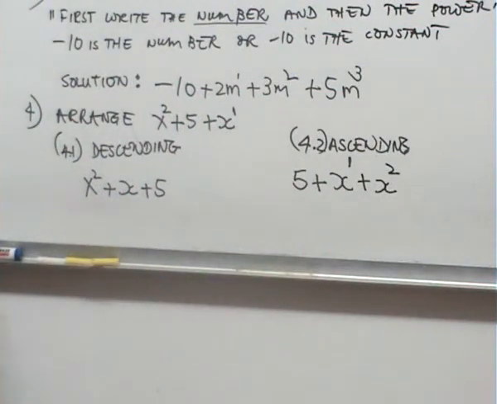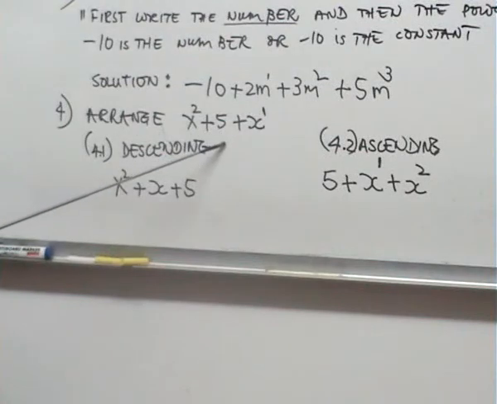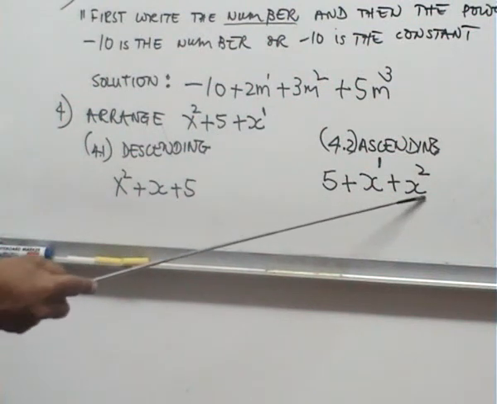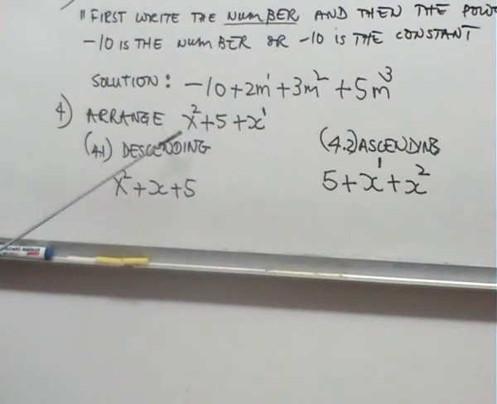So what we're seeing over here is one expression arranged in descending order, then the same expression arranged in ascending order. So it is possible to arrange something in descending order and then rearrange it in ascending order. But like I told you, in maths, most of the time we arrange it in descending order. Alright, we'll move on to the exercise now.